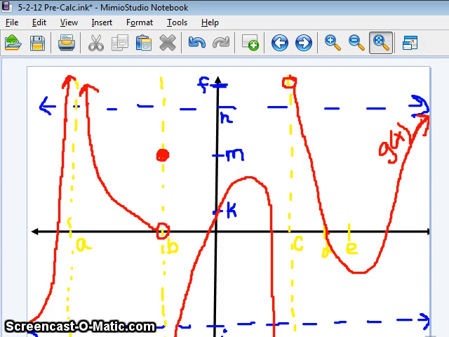So this is the graph that I'm giving you to discuss limits, and we are going to look at this graph. I actually have a copy of the graph for anyone who missed class today with all of the questions.